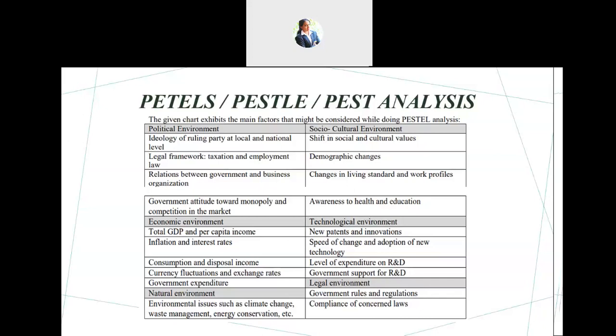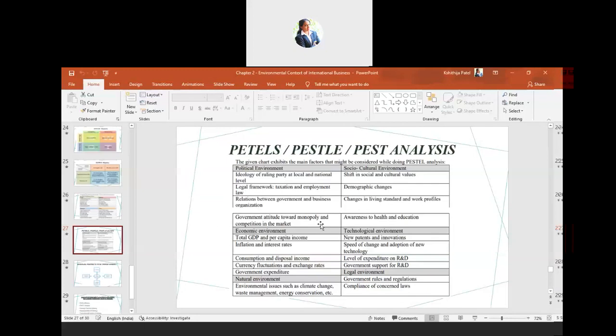Now, STEP, STEEP, STEEPLE, STAPLE, STEPJ, and LEPPEST are all acronyms for the same set of factors. Some of them add additional factors like ethical and demographical factors. Hereby, three of the techniques or methods have been discussed.